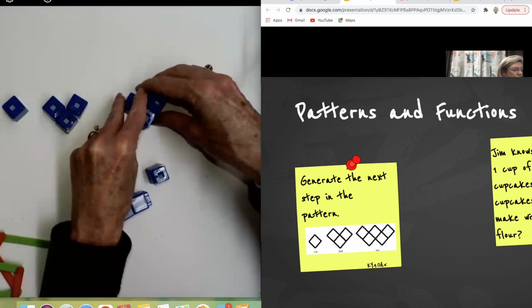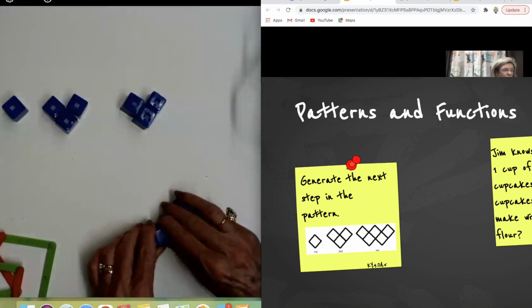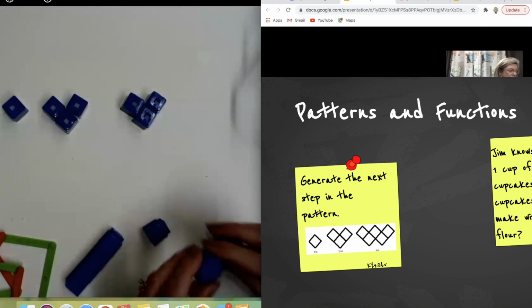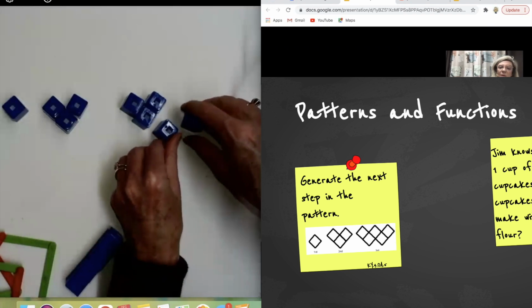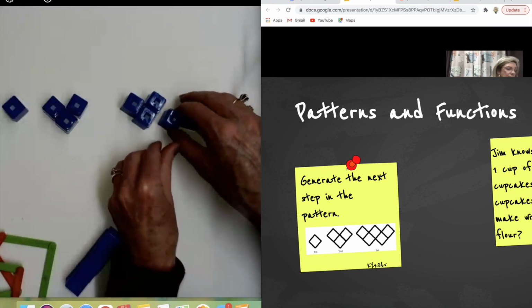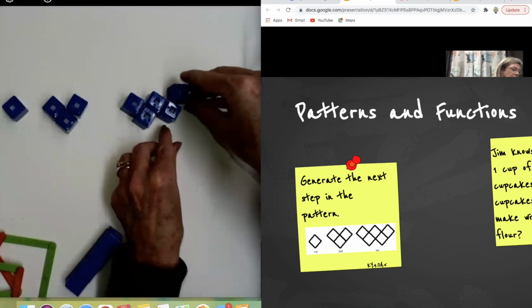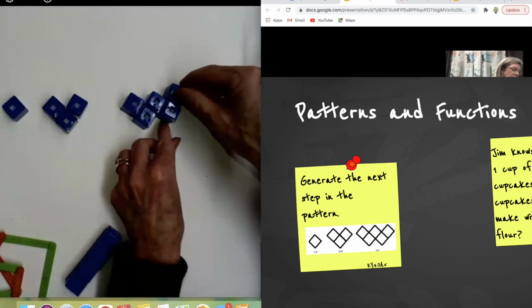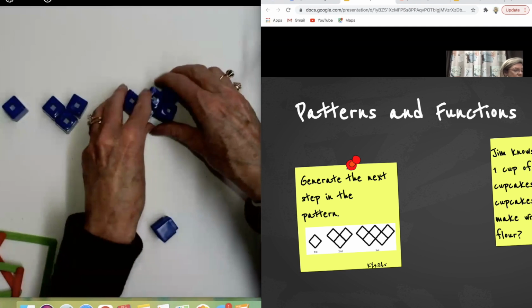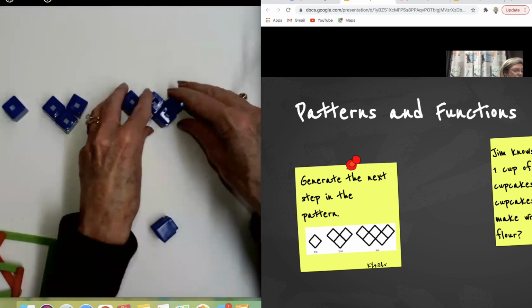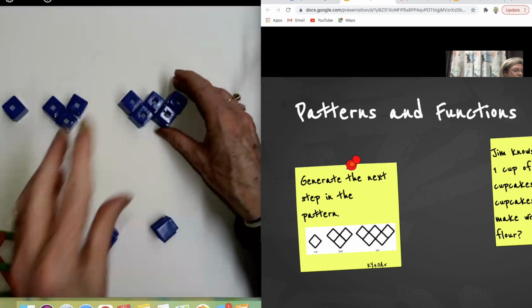And you can see that they've just tagged on two more this way. Just my OCD kicks in.